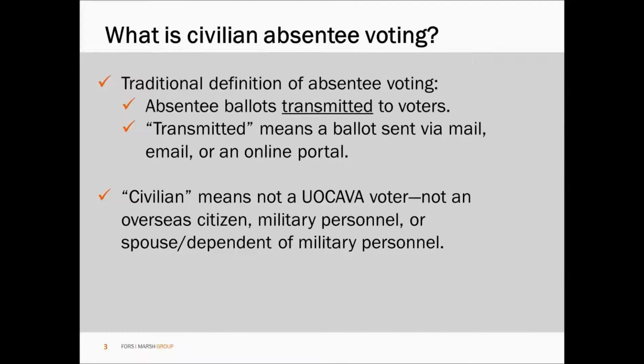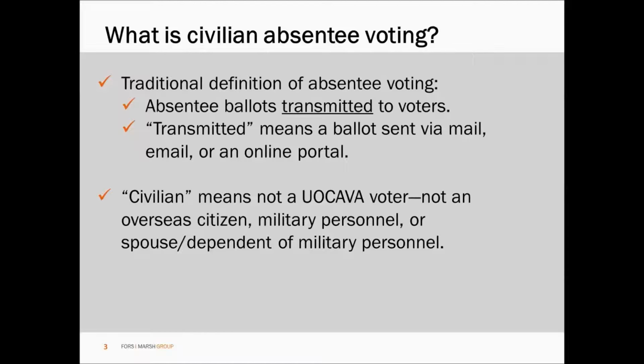Before we begin going into the questions, it'll be helpful for us to review a couple of definitions. First, what is civilian absentee voting? Here, the EAC is using a traditional definition of absentee voting, by which they mean that absentee voting is when absentee ballots are transmitted to voters.